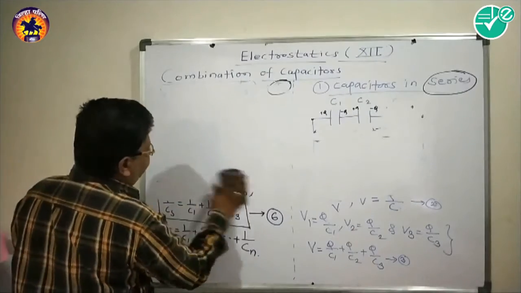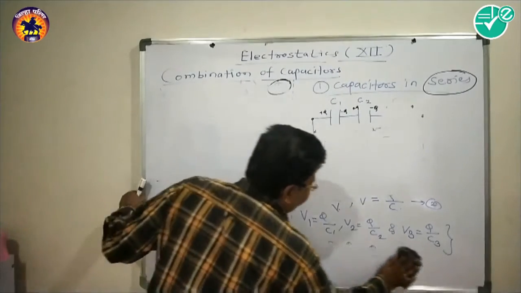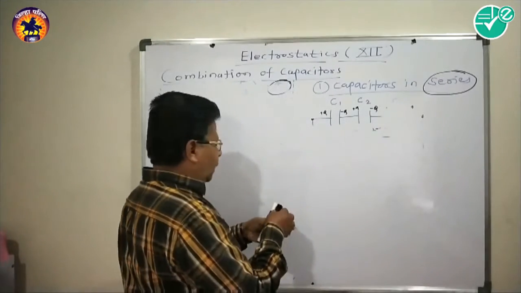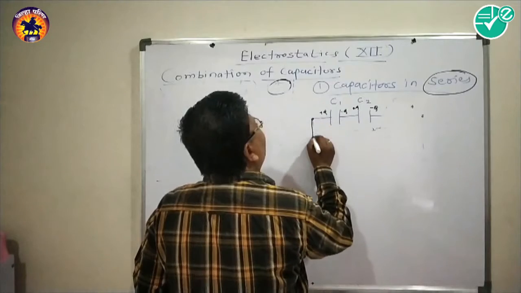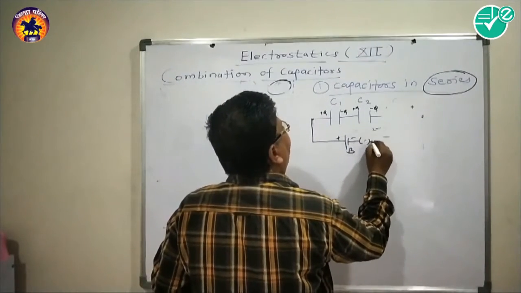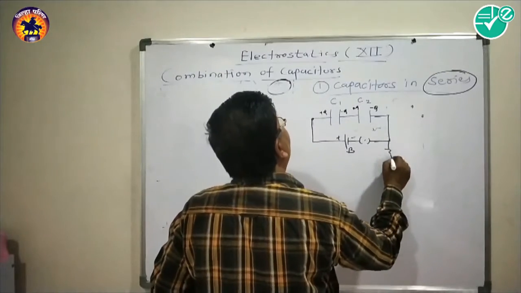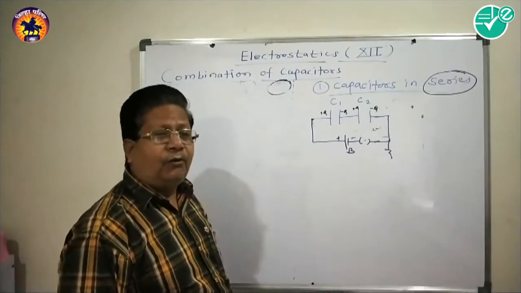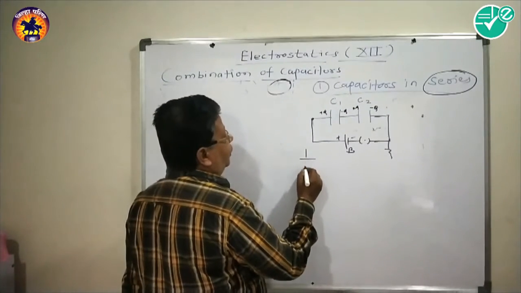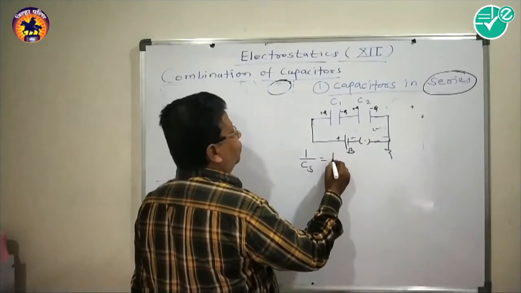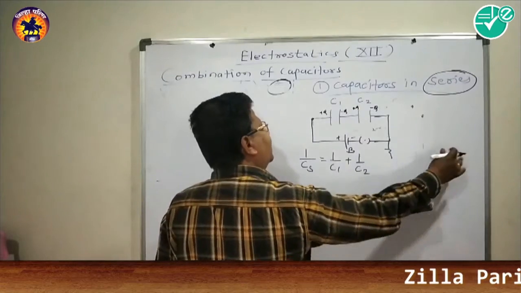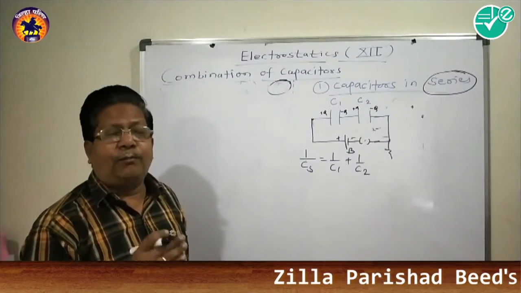Then the equivalent capacitance is given by, as we have already seen, 1 upon Cs is equal to 1 upon C1 plus 1 upon C2.